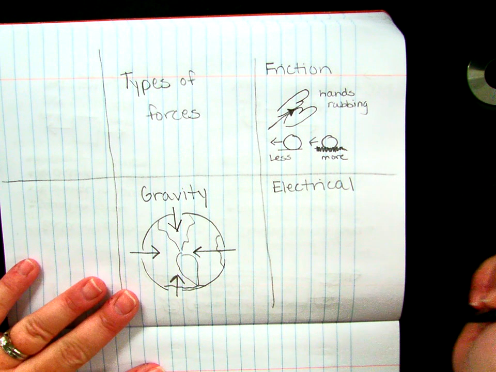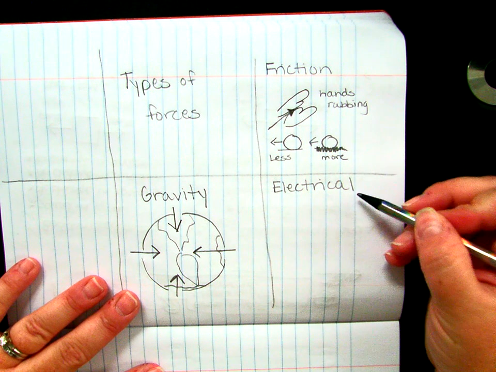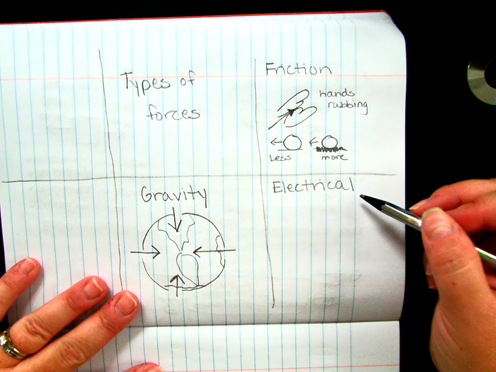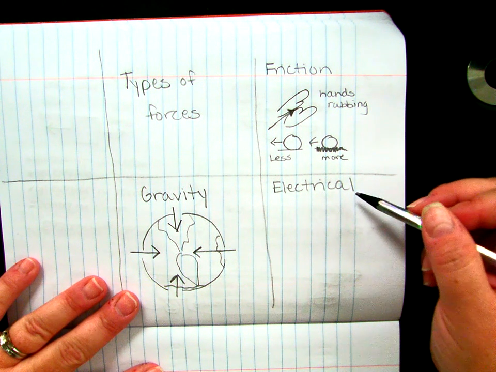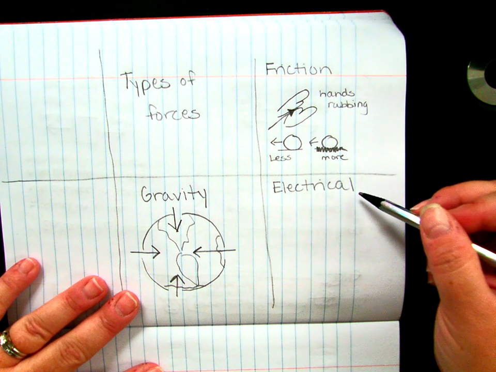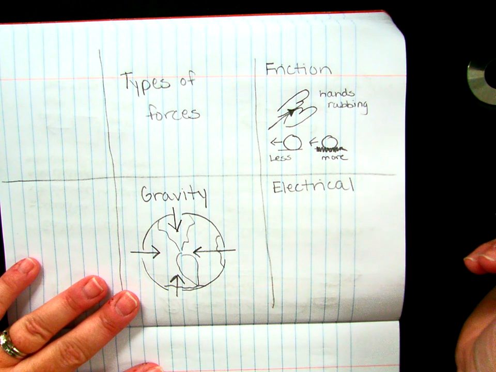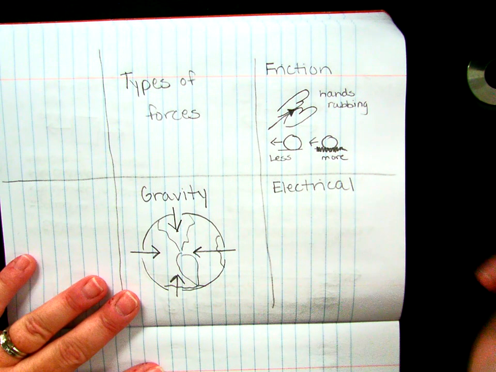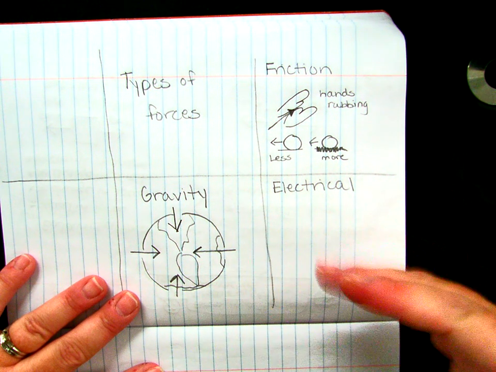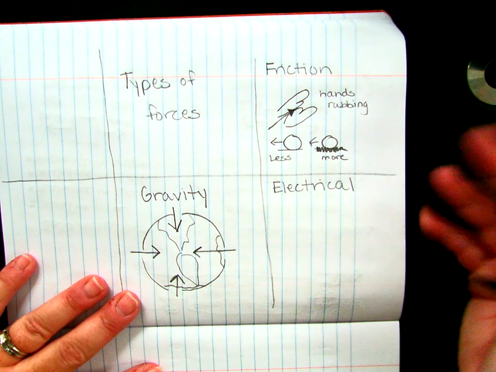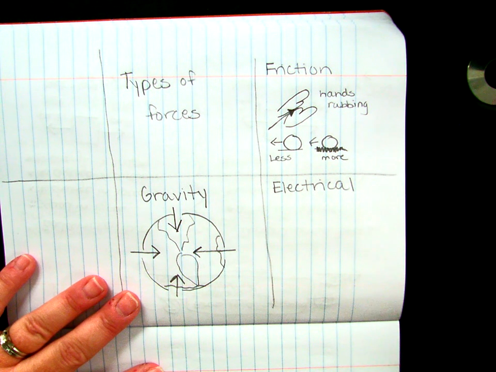So electrical friction is because you have a buildup of electrons on an object. So whenever you have a positive electron count on your hand, but the door or the metal has a negative electron count, meaning it's very unhappy, and you go to touch it, it sends out a shock to you.